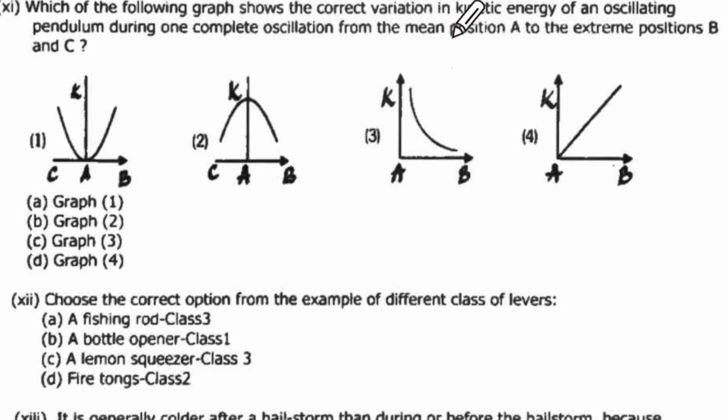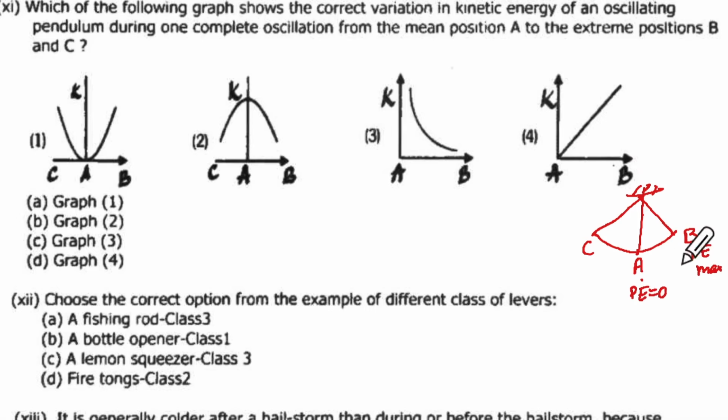The graph shows the correct variation of kinetic energy of an oscillating pendulum during one complete oscillation from the mean position A to extreme positions B and C. So the mean position is A and extreme positions are B and C. Here your potential energy is 0 and here potential energy is maximum.